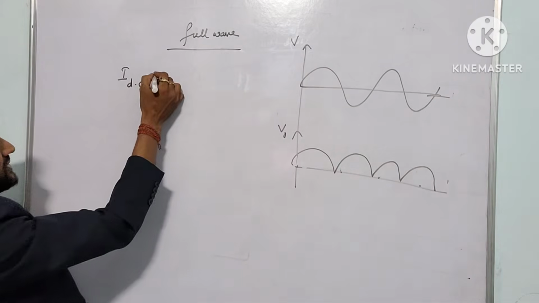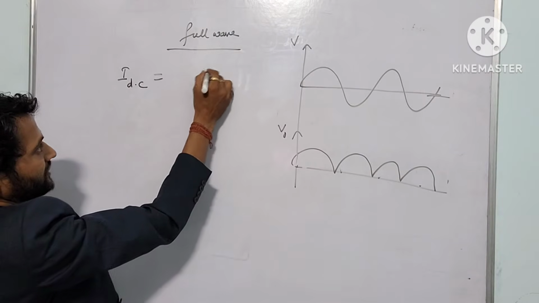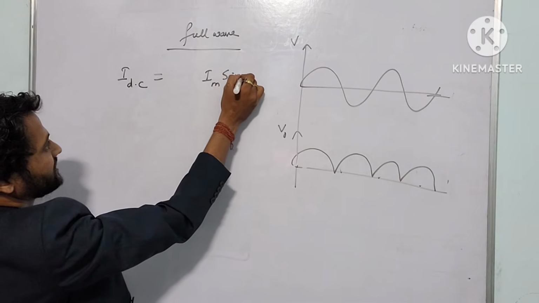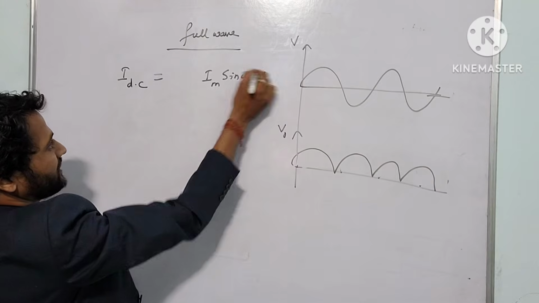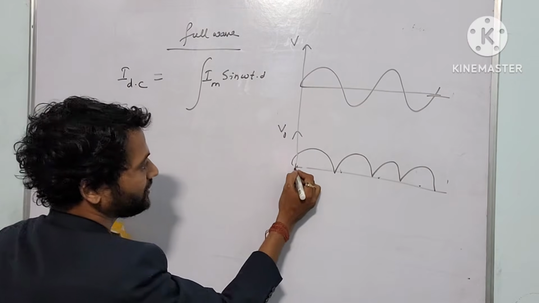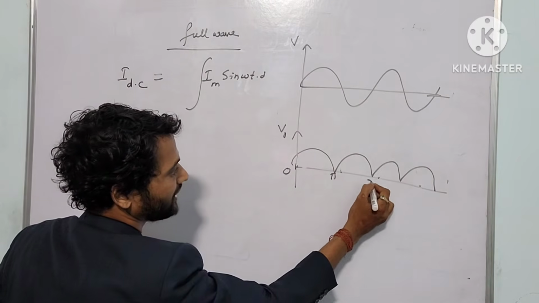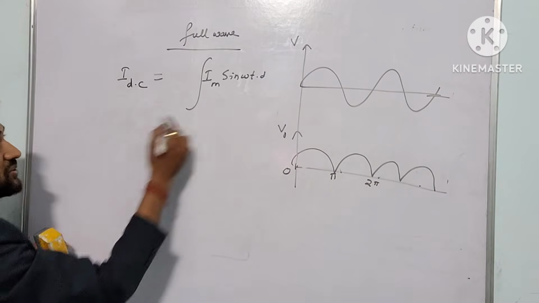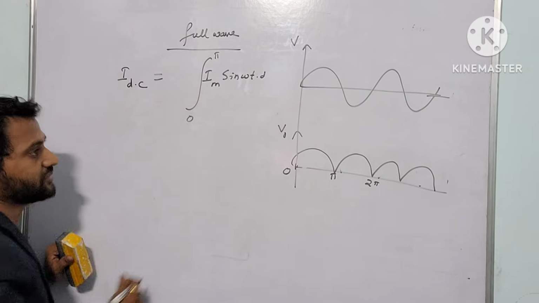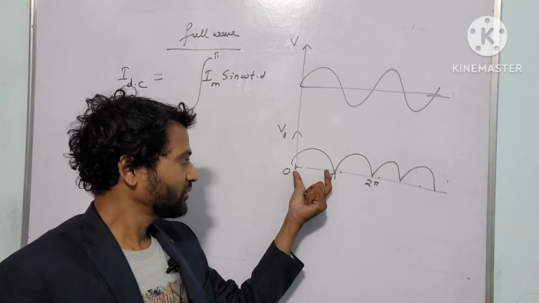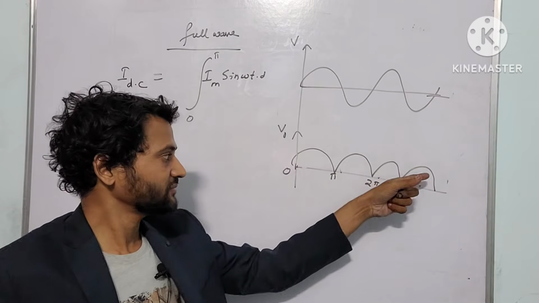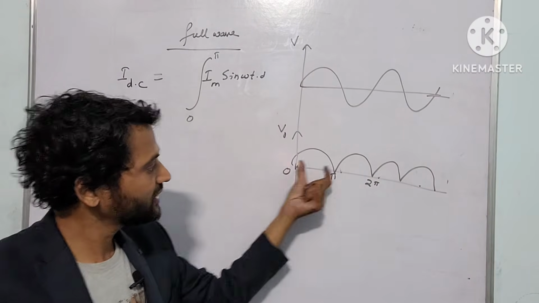So to find IDC, what will you do? Again, you have to write the instantaneous equation Im sin omega t. You have to integrate this function from what? Again 0 to pi, not 2 pi, 0 to pi, because we are getting output. This is pulsating DC, and in each cycle we are getting the output.